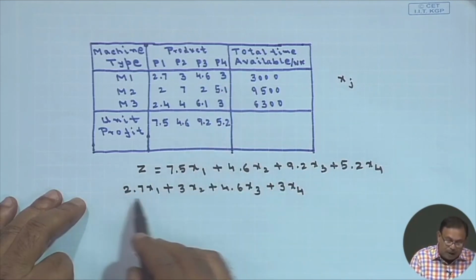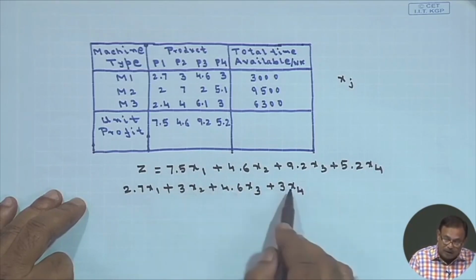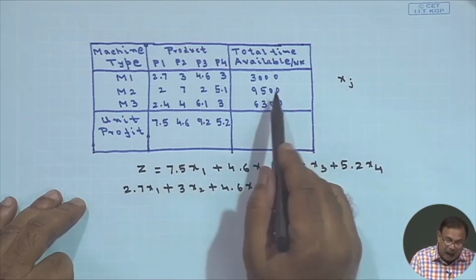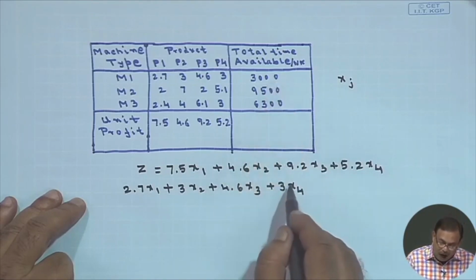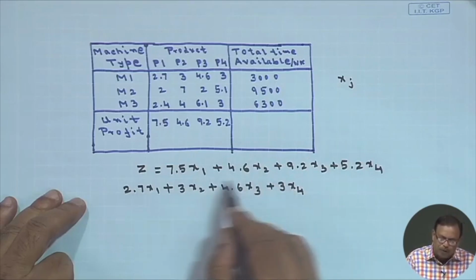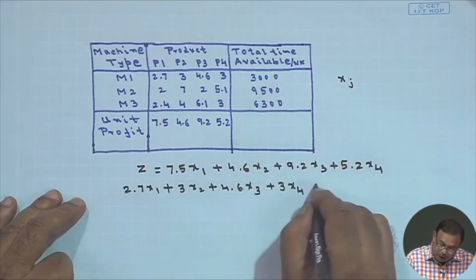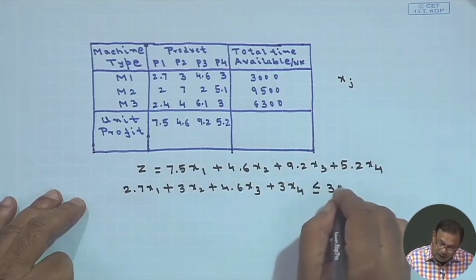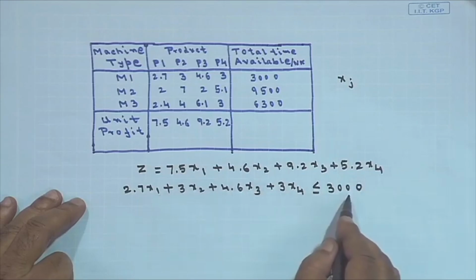This machine can produce these 4 products within the available time limit of 3000. So, it should be less than or equal to 3000. That means total time cannot exceed 3000 units of time.